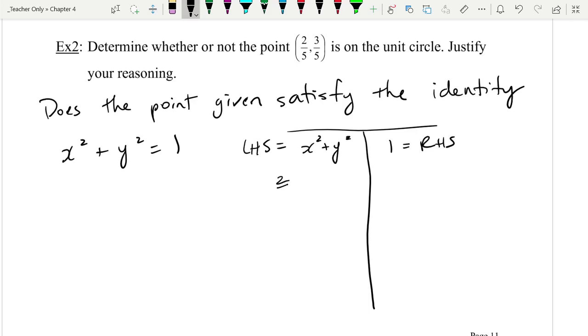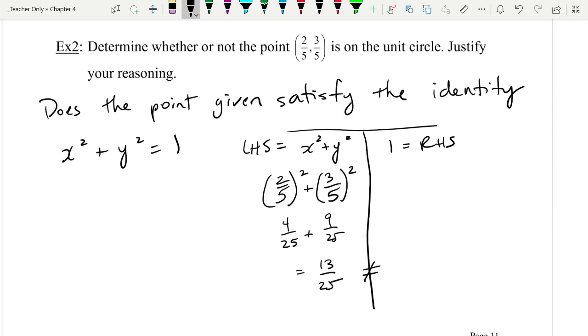Does 2/5 squared plus 3/5 squared make 1? So let's see. Well, if I square 2/5, I get 4/25. If I square 3/5, I get 9/25. Add those together and I get 13/25. Does 13/25 equal 1? No. This does not equal 1.